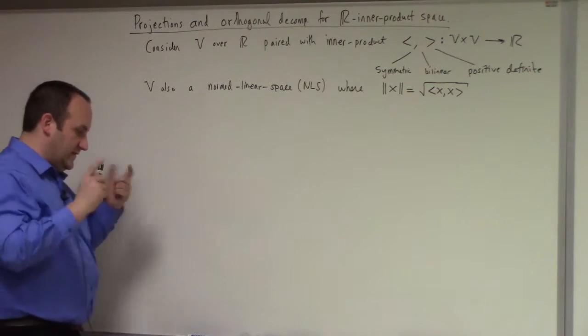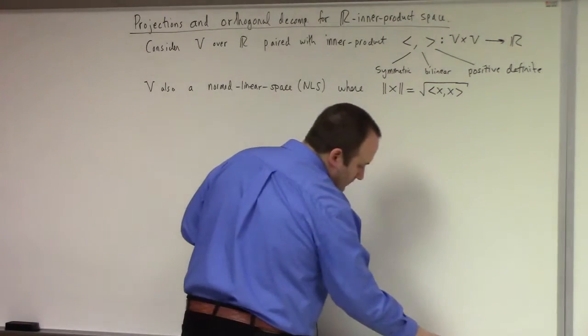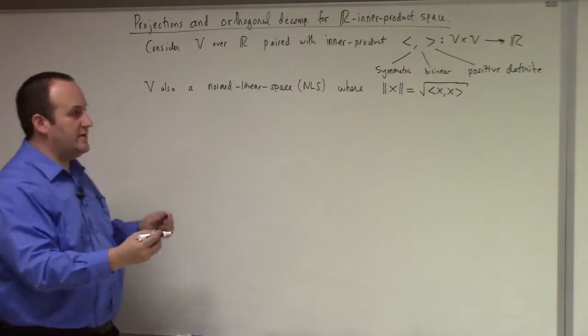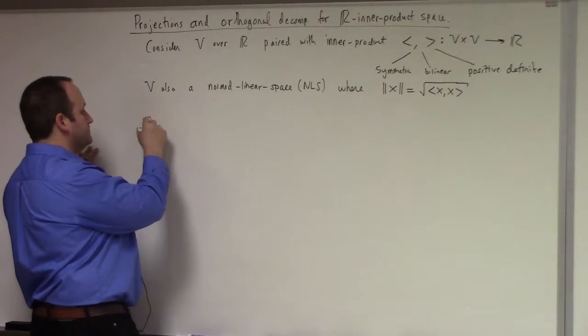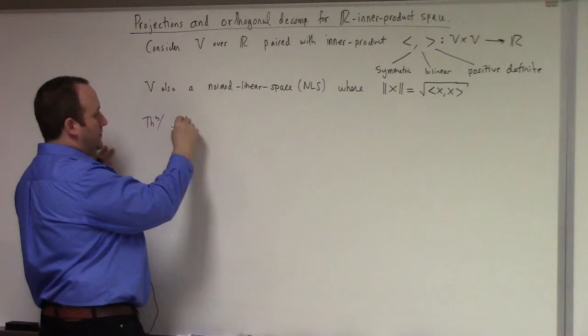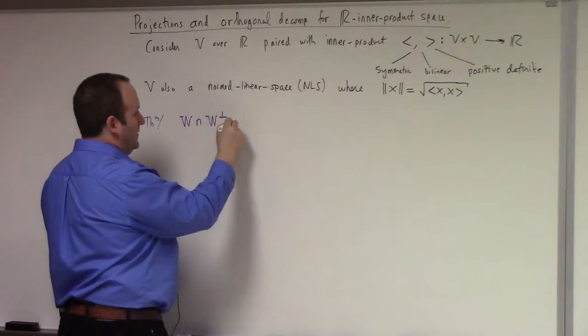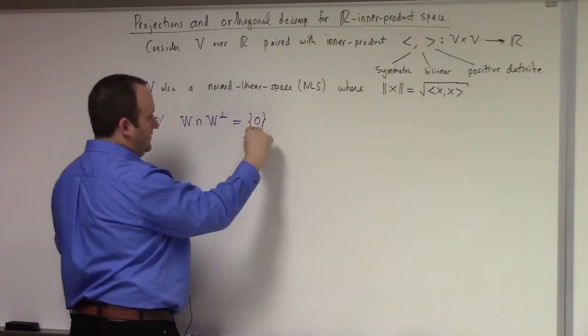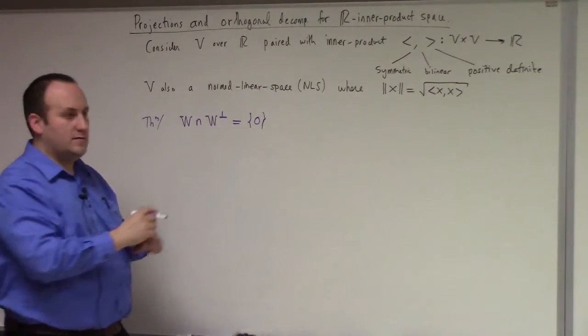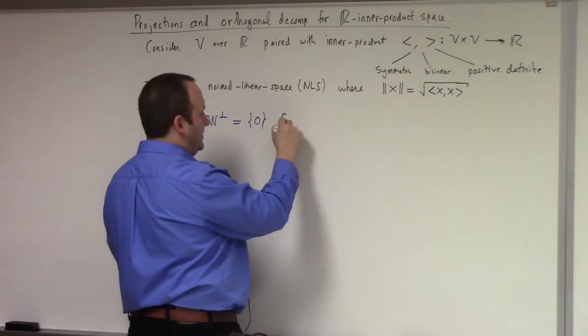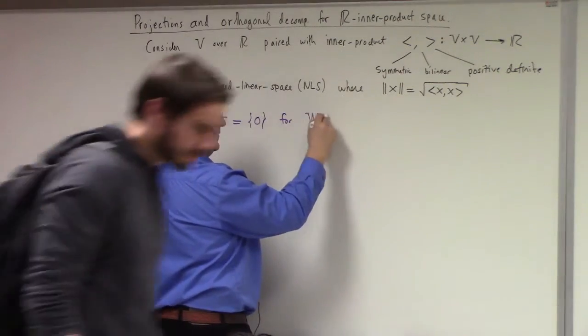All right, so let's start out with an easy theorem. W intersect W perp is 0. Have I proved this already? I don't think I have.